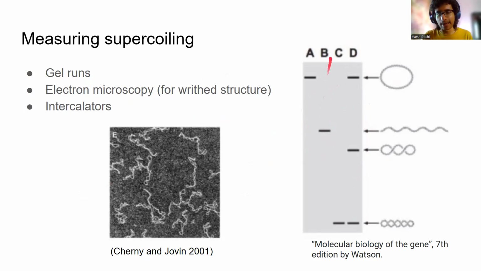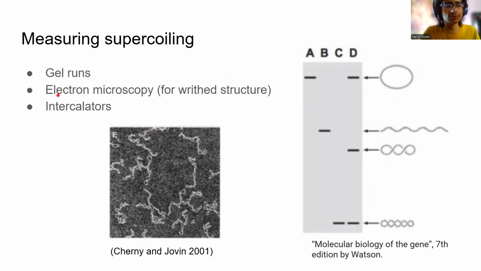When they apply an electric field on either end of the gel, because the DNA is charged, it prefers to move in a certain direction. We can measure the mobility of this DNA, which can give an estimate of its size. If it's more supercoiled, then it tends to take a compact structure, so it moves more in a short amount of time, as compared to when it's not supercoiled, where it has a spread out structure.